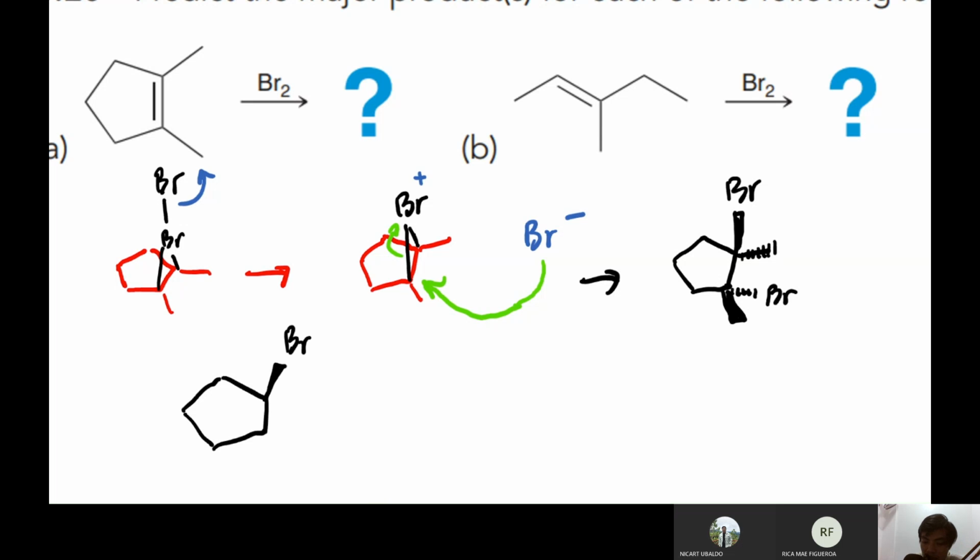Kunwari, andito yung Br, andito yung CH3, andito yung Br, nakapataas yung CH3. Ang pangit ng drawing ko. Basta makikita nyo, anti yung addition ng ating Br. Yung isa nasa taas, yung isa nasa baba.